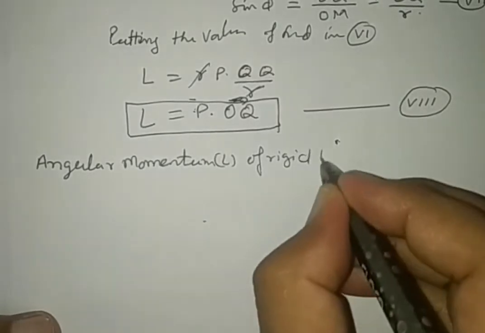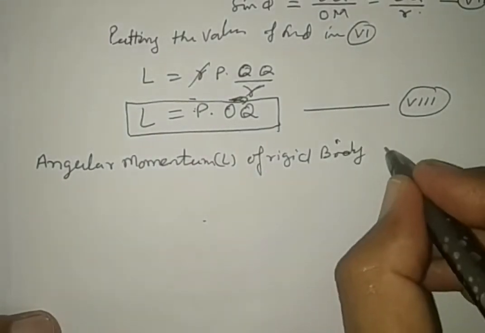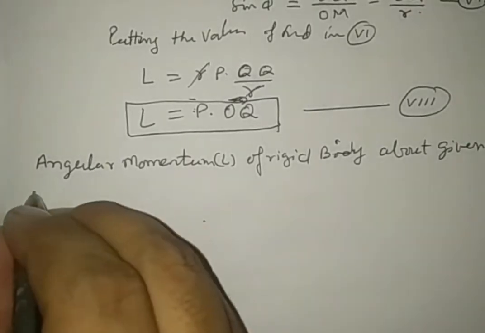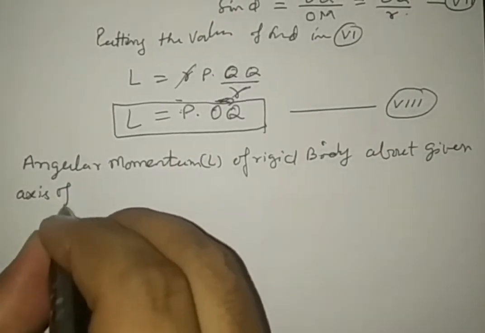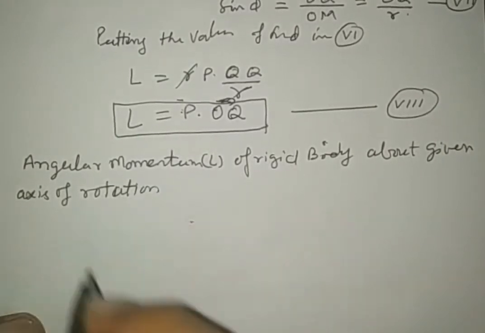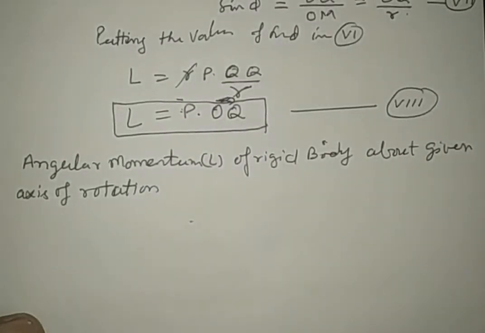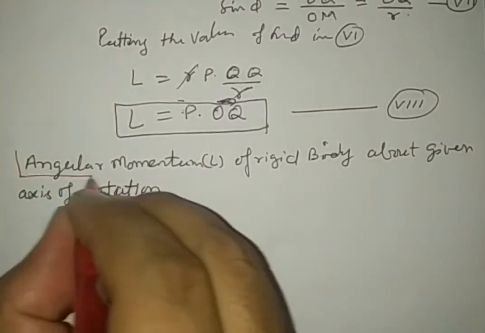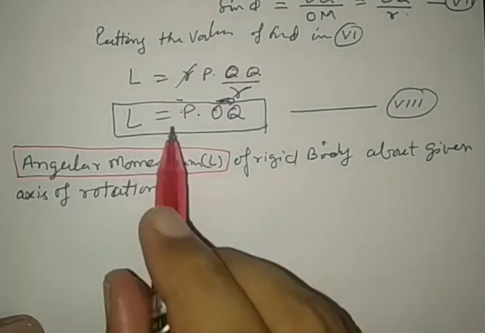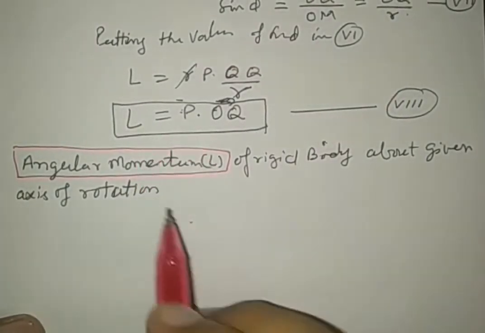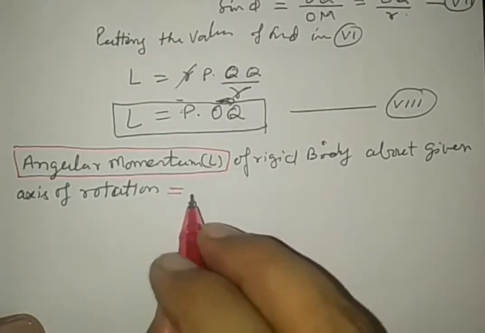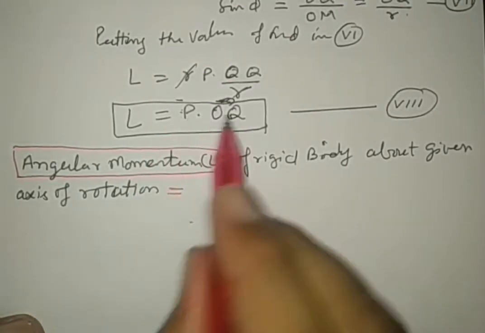Of a rigid body about a given axis of rotation. See, we are going to see angular momentum L of a body in the left hand side around a given axis is equal to product of two physical quantities.